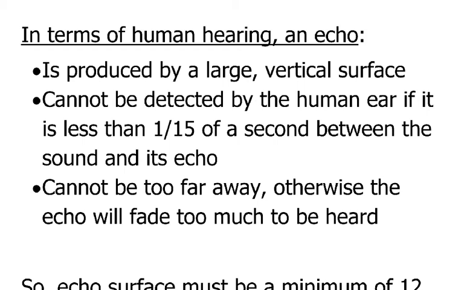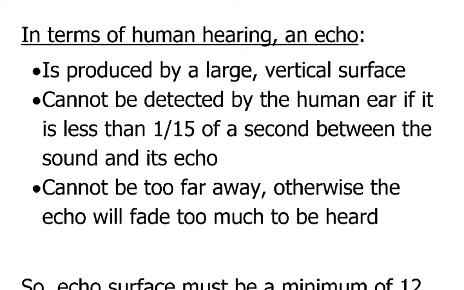Now, in terms of a typical echo that we would talk about for people, there are some restrictions as to how this can occur. For example, I'm sitting in a room right now that's enclosed, and I'm creating this video, but you're not hearing any echoes of my voice bouncing off the walls. Why is that? Well, there are restrictions as to what happens.